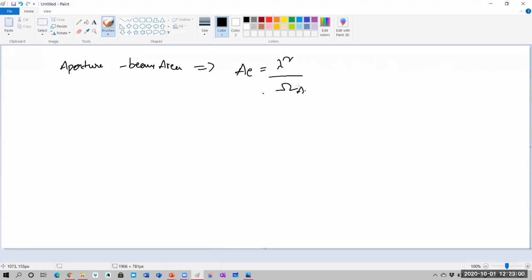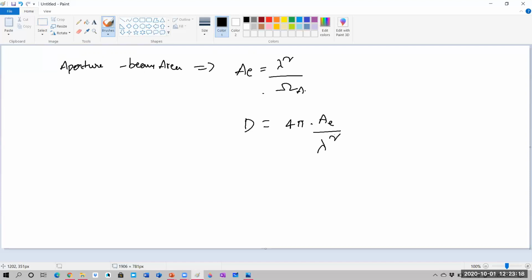And the directivity from aperture: D equal to 4 pi A_E by lambda squared.